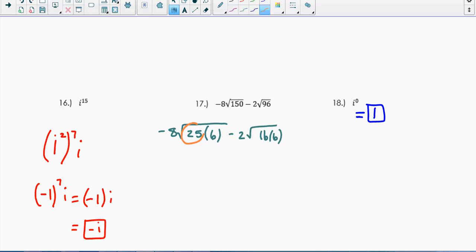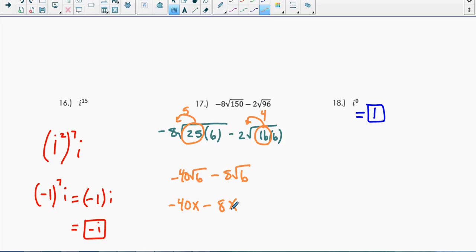Okay. And then, notice the numbers that come out. So the square root of 25 is 5, so I pull a 5 out. The square root of 16 is 4, so I pull a 4 out. So negative 8 times 5 is negative 40 square root of 6, minus 2 times 4 is 8 square root of 6. Now, imagine this was negative 40x minus 8x.